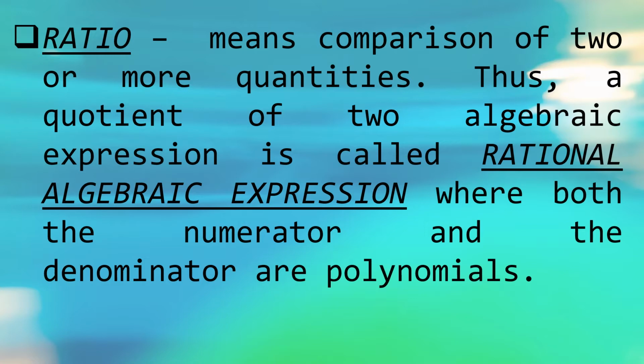Thus, a quotient of two algebraic expressions is called a rational algebraic expression, where both the numerator and the denominator are polynomials. So a rational algebraic expression is a fraction wherein the given terms are not only a number but a polynomial.